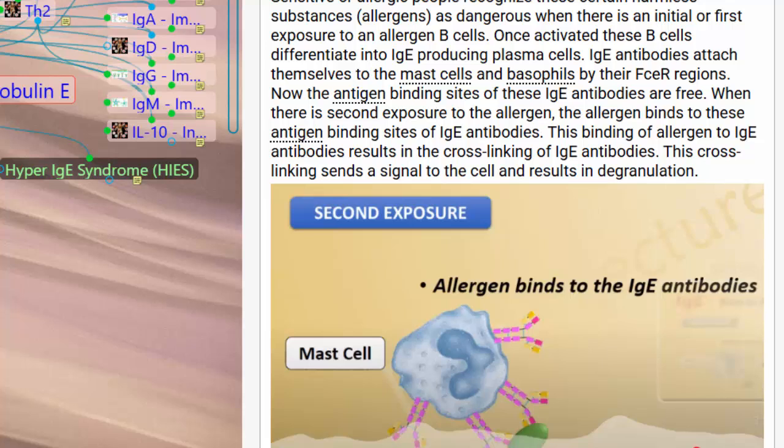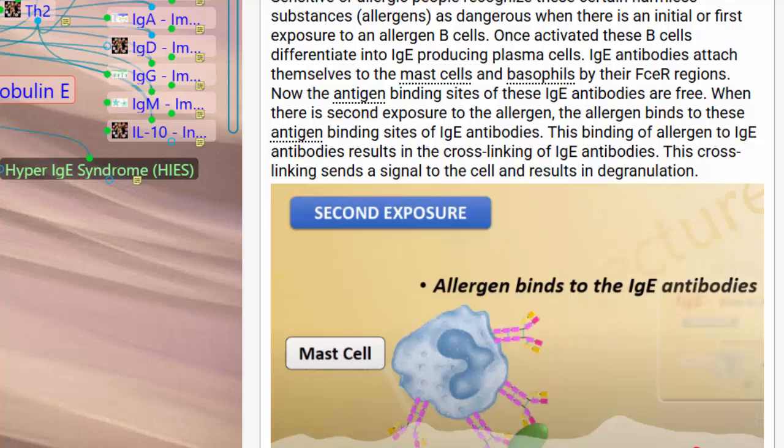When there's a second exposure, the allergen binds to these antigen binding sites of immunoglobulin antibodies. This binding of allergen to immunoglobulin antibodies results in a cross-linking of immunoglobulin E antibodies. And it's that cross-linking that sends a signal to the cell and results in degranulation.